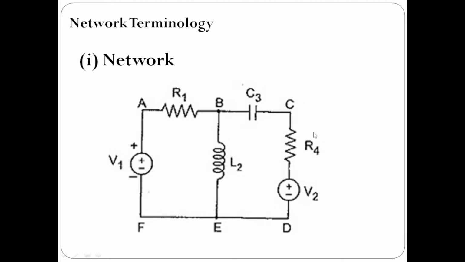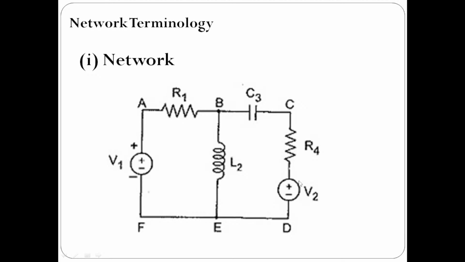There are two active elements, this one and this one. The resistor, inductor, capacitor and this resistor are the passive elements, which consume energy, while the two voltage sources, the active elements, deliver energy.